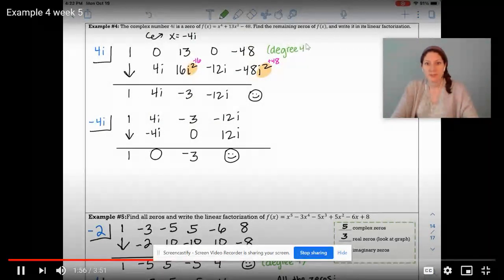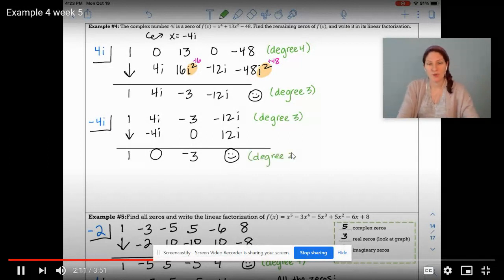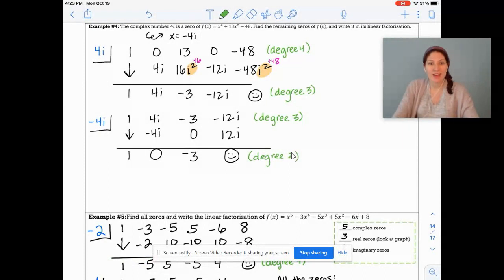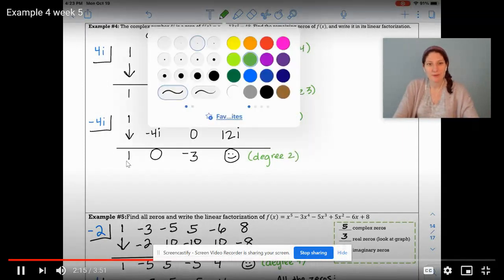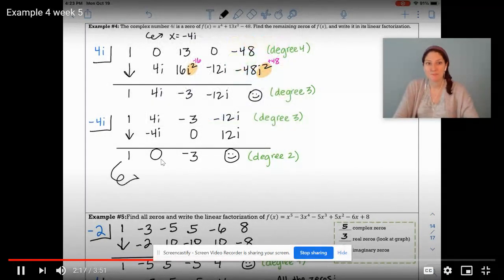So I started with a degree 4, and after the first round, I got a degree 3 polynomial. Then I used that degree 3 polynomial to go through synthetic another round, and here's my degree 2 polynomial. So I'm going to write it as that quadratic, 1x squared, it doesn't have an x term, minus 3. So think of all the methods to solve a quadratic.